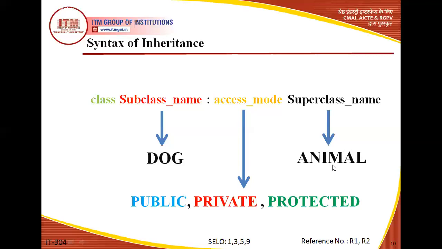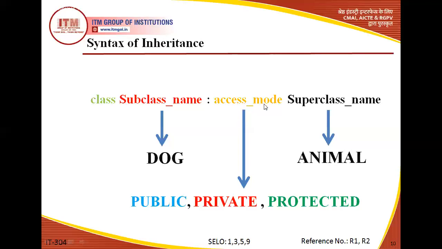First of all, you have to create this animal class, and once you create that, the second step is to create this dog class by inheriting the superclass. Here, first you write the class keyword, then the subclass name, which is dog here, then you put the colon sign.